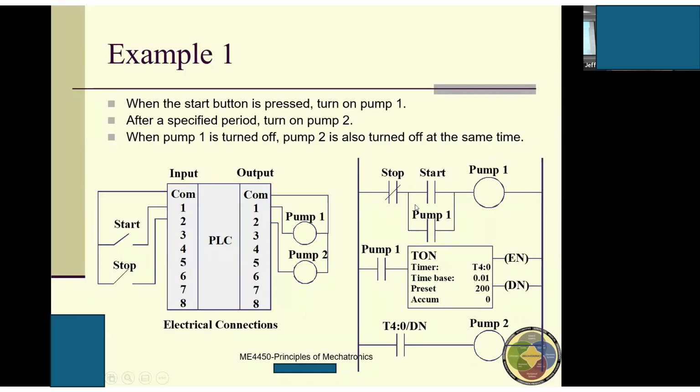When pump 1 is turned off, pump 2 is also turned off at the same time. If I press the stop button, this pump 1 will be turned off, right? Right, guys? If this guy is turned off, this done bit will become false. So this guy will be turned off also.